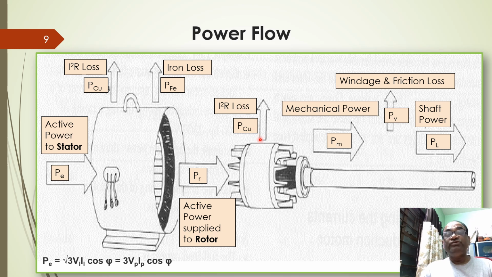Then you have to deduct the rotor copper loss, that is PCU, and from there this power is available in mechanical form on the shaft, where you have to meet the windage and friction loss. So the rest of the power will be available to the load your motor will be connected with. That's how the motor works.